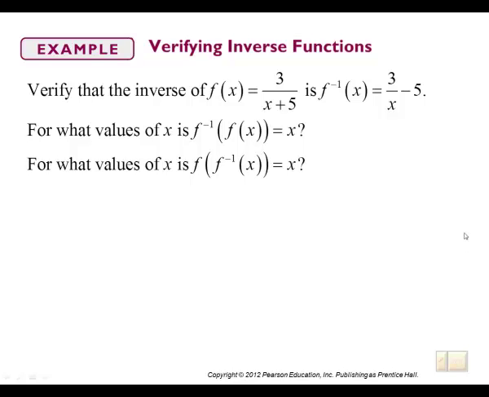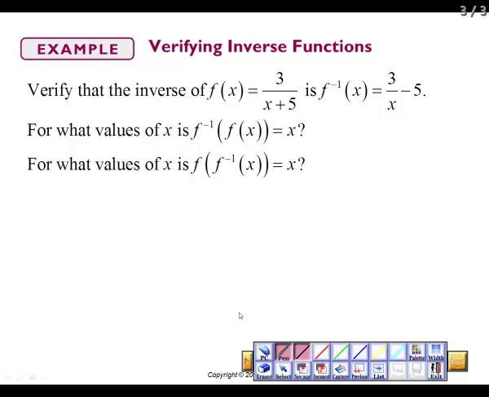Okay, verify that f of x equals 3 over x plus 5 and the inverse of f of x is 3 over x minus 5. Okay, so we're going to start with our inverse. So here, what we do is we take our inverse, cut that x out here.